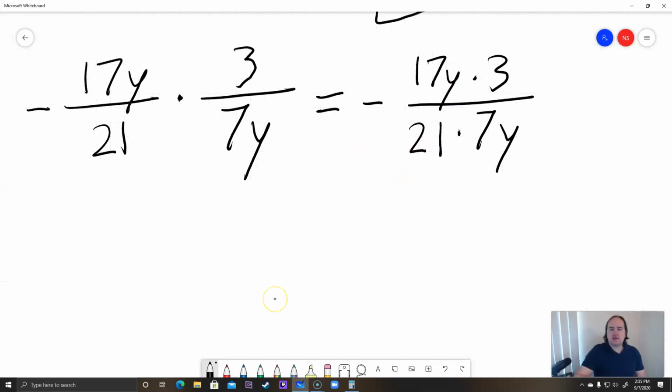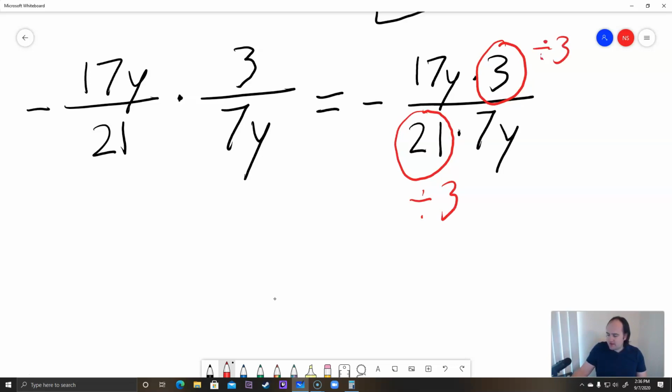And if you're using method 1 like I do, you want to divide the top and the bottom by any common factors. Notice we do have common factors here. In particular, we know that 3 goes into both 3 and 21, so we're going to divide the top and the bottom by 3, since that's a common factor.